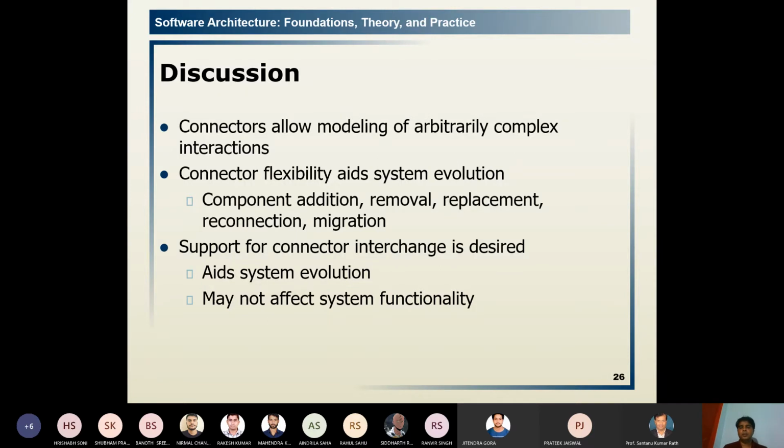It supports connector interchange as desired or according to requirement, because various connectors work in different ways. Which one is working as a coordinator, which as a communicator, which as a converter, and which as a facilitator. And also it may not affect the system functionality. So these are also some advantages of the connectors.